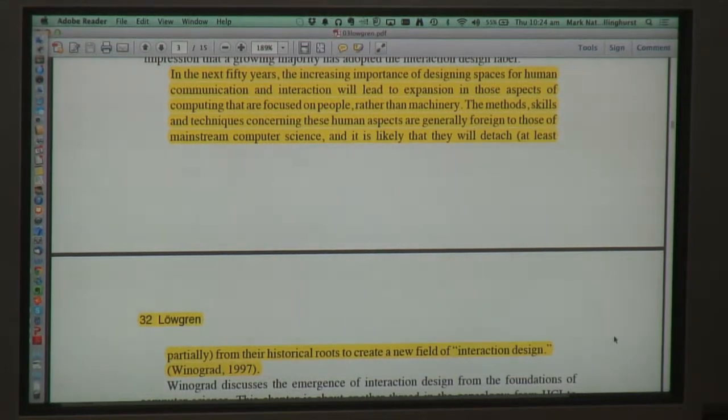So he's basically saying that traditional or mainstream computer science doesn't consider a lot of the human aspects that involve the technology, and because of that, there's likely to be a new field created called interaction design, which is what's happening now.